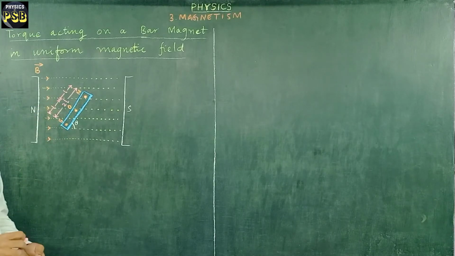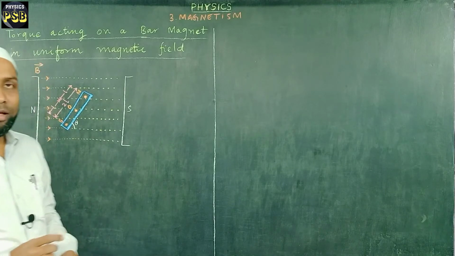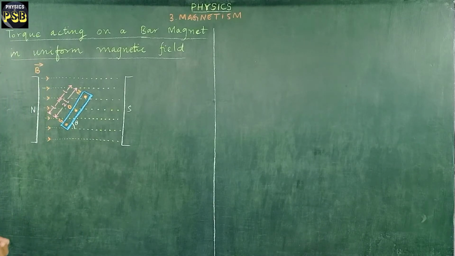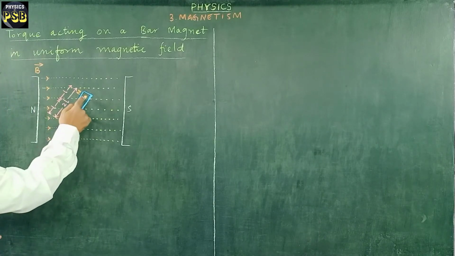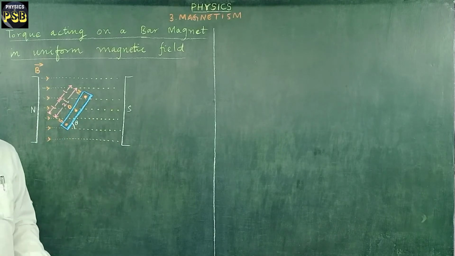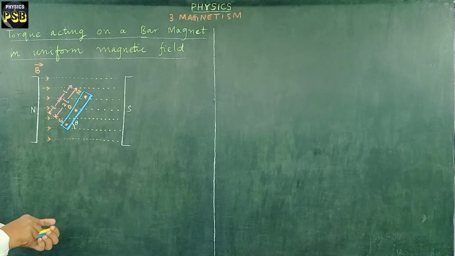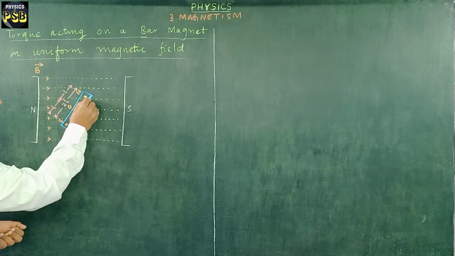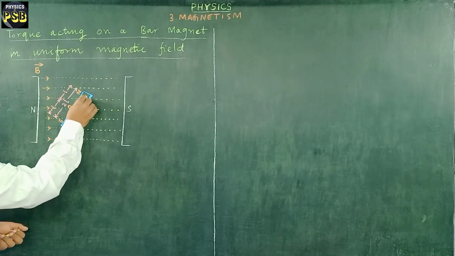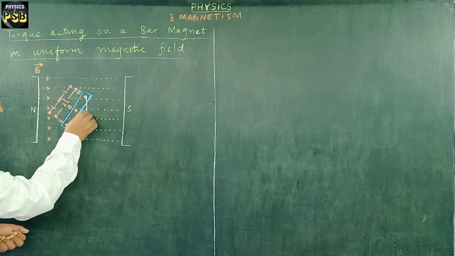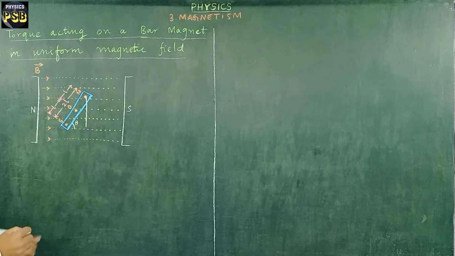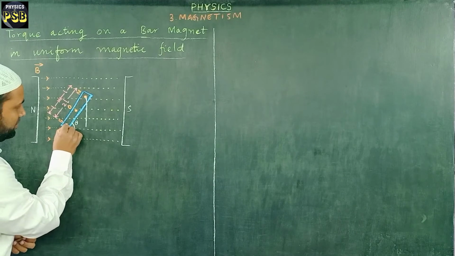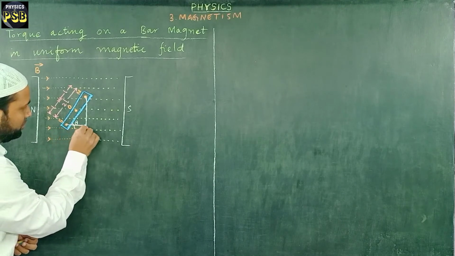Alright. Now, I find the perpendicular distance between the north pole and the south pole of this bar magnet. For that, I drop a line from here and I do the same thing from this point as well.